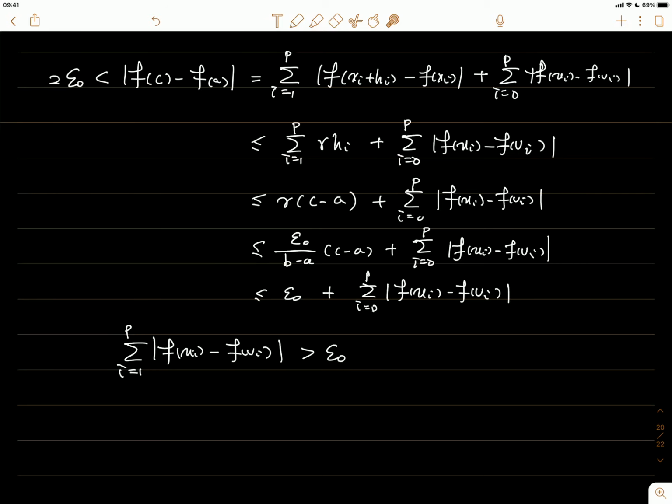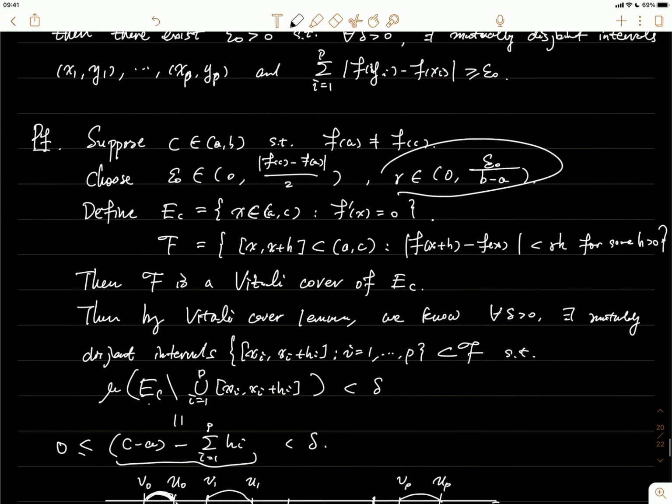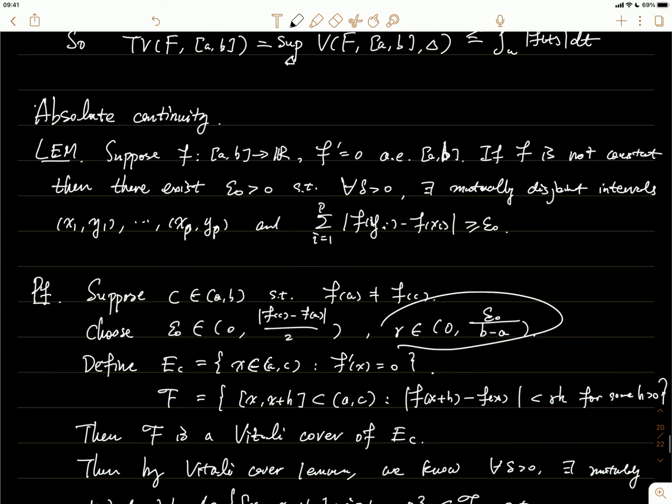Okay, so this lemma is just to show what will happen if we do have a function that is differentiable and the derivative is equal to 0 almost everywhere, but we still get a non-constant function, and this characterizes what could be happening. If this weird situation happens, then we must be able to do this.